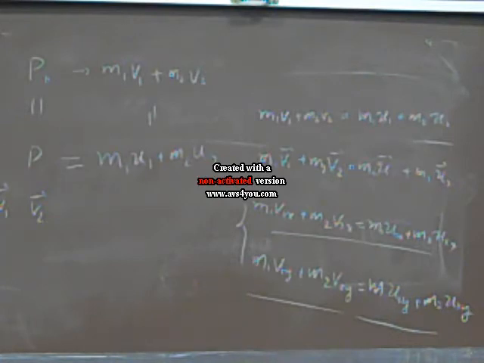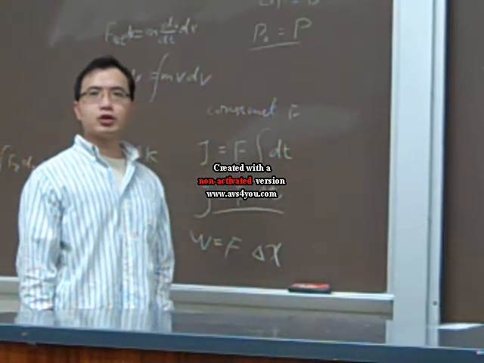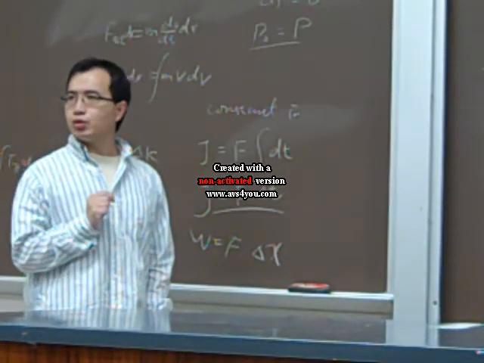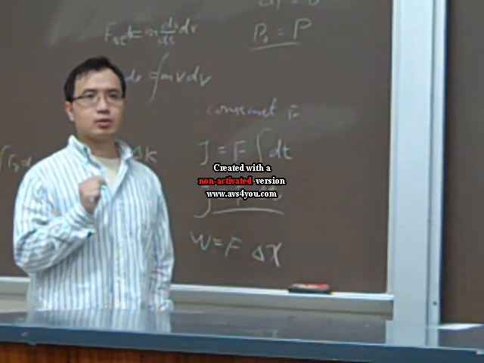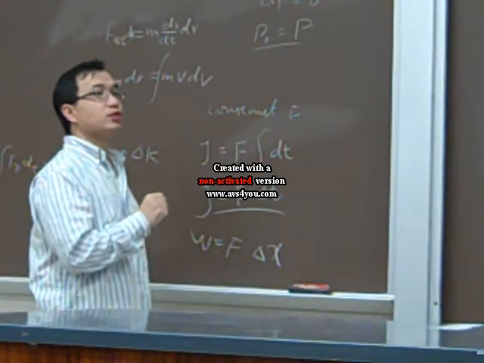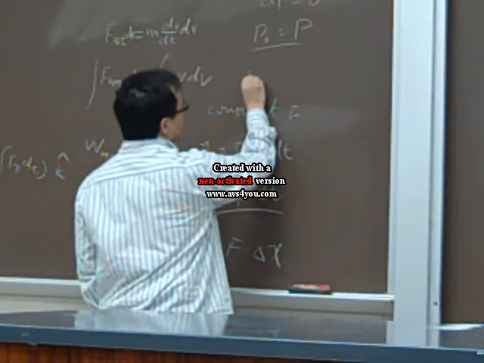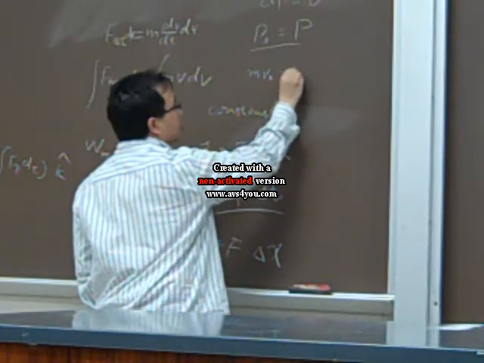And here, what I would like to comment is that if we go back to look at the very beginning equation, P naught equals P, if we apply it to one object, if you have only one object and you don't have a collision, the initial momentum is m v naught.